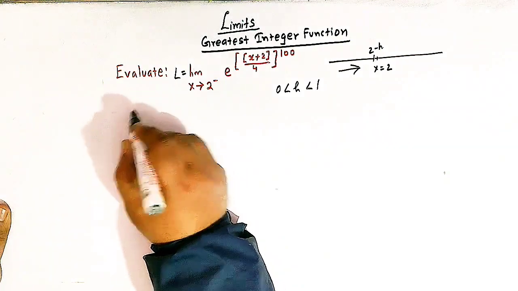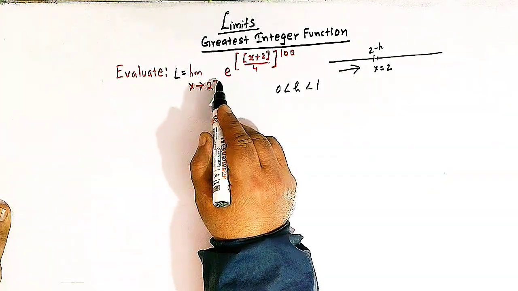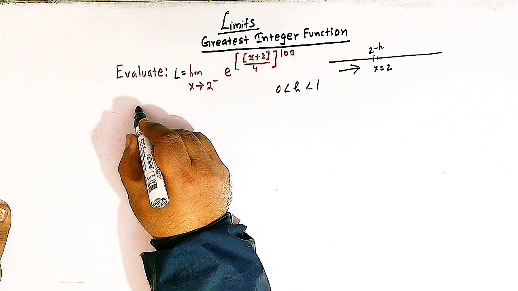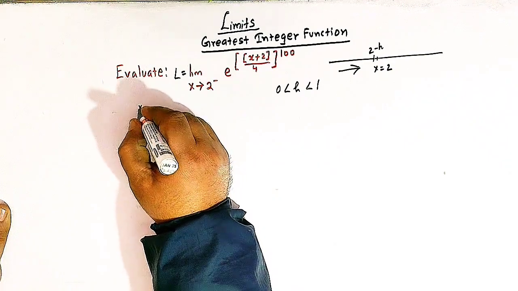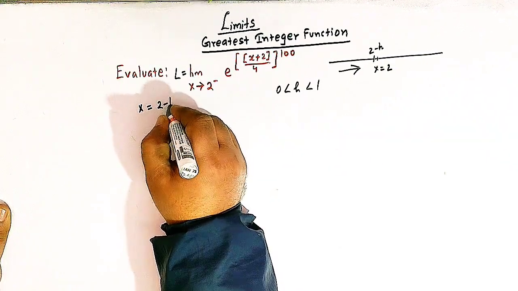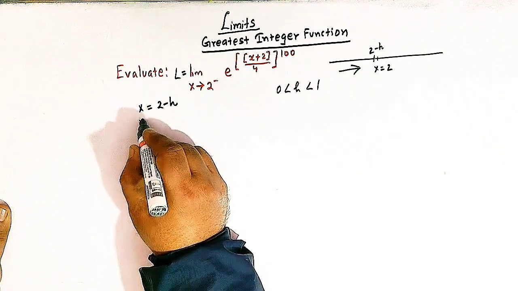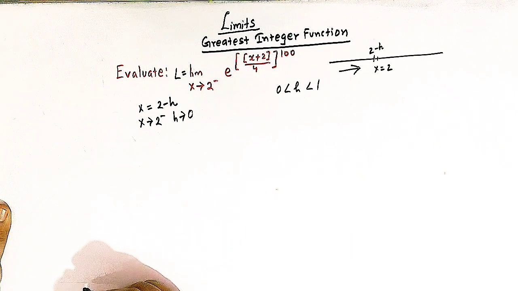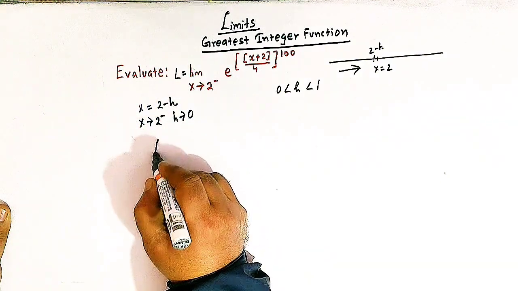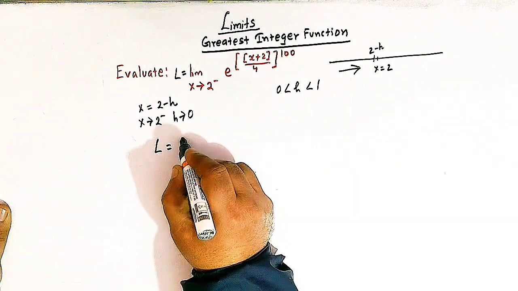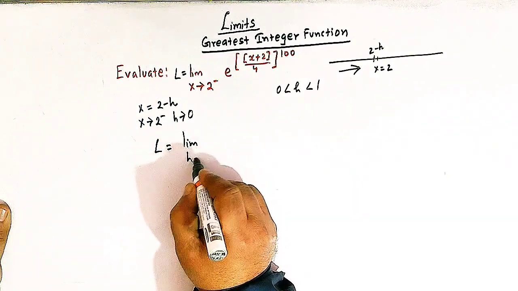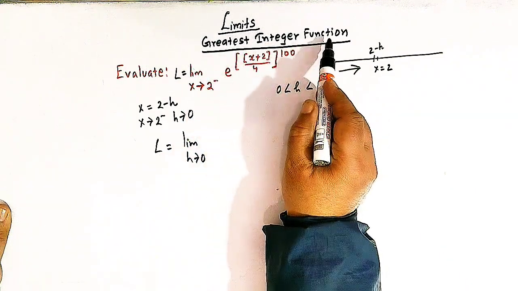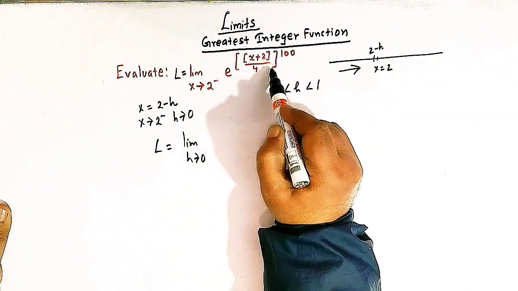So what we will do here, we'll convert this limit in terms of h by substituting x is equal to 2 minus h, so that when x tends to 2, h tends to 0, right? So now this limit takes the form L, limit h tends to 0, and remember here we have the greatest integer function two times, right?